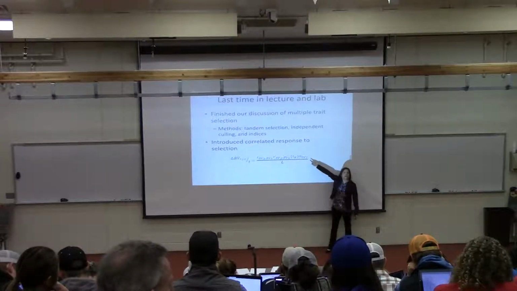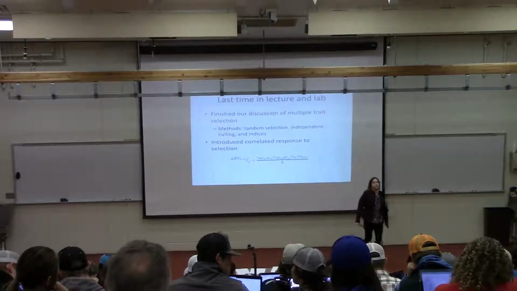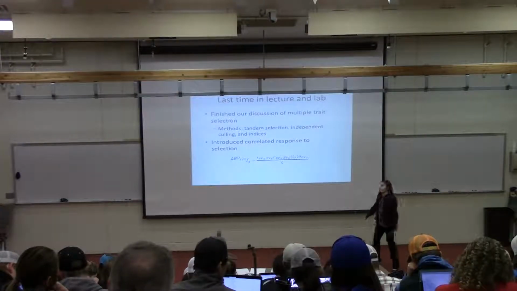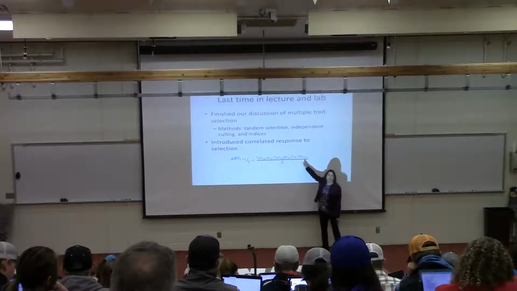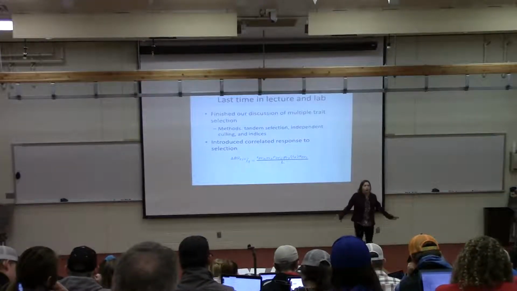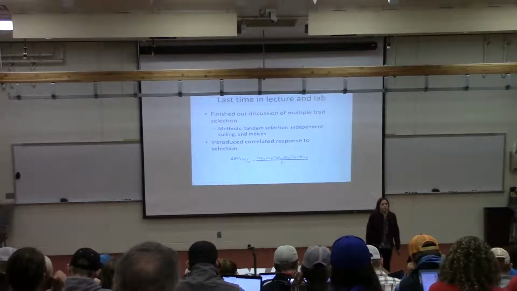Before, you remember this part, when we were doing direct selection, we were interested in how much variation there was in that trait we were selecting for. In this case, we're interested in how much the other trait Y changes. So we need to know how much variation is there in Y that is available for change to happen, okay?